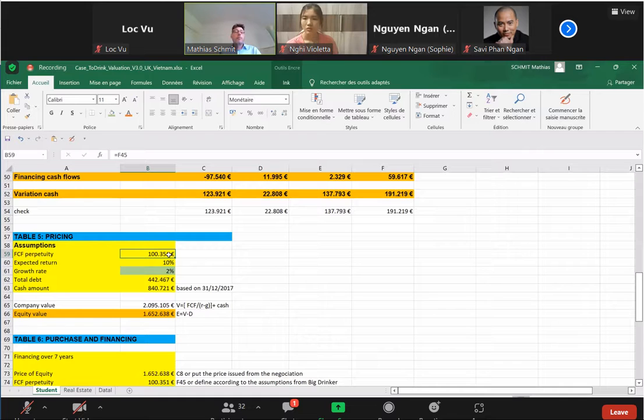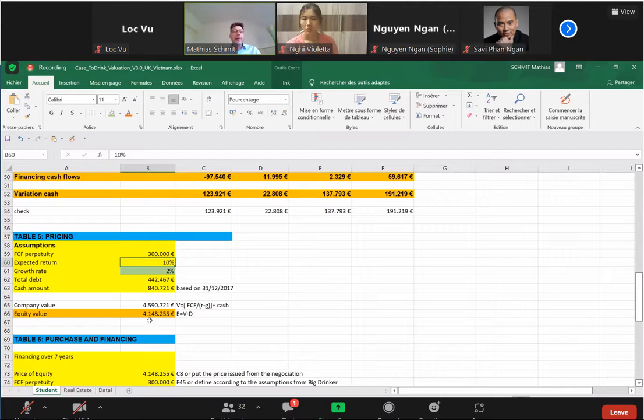This can move from 100,000 to 300,000, multiplied by 3. You remember? It's in the case. So if you multiply by 3, you see that the value can jump to 4 million. Right?